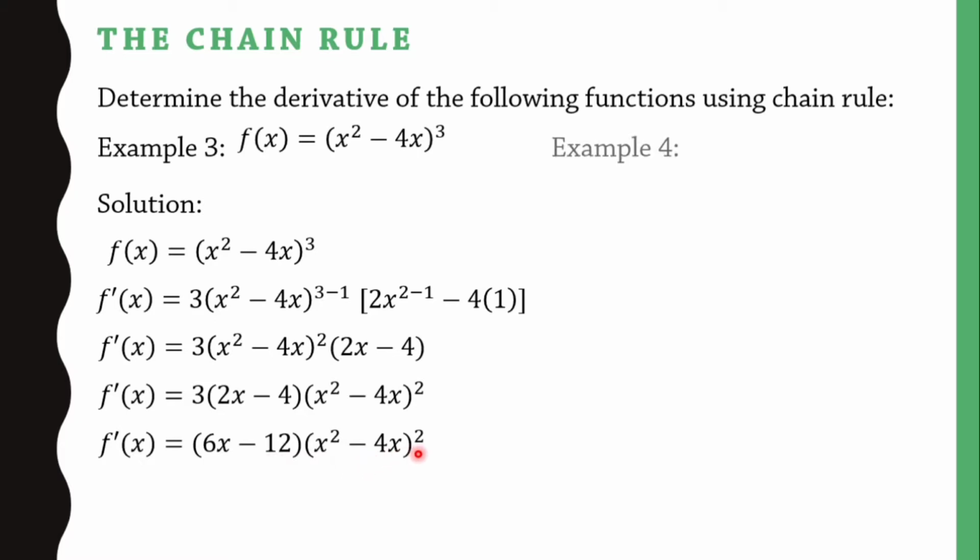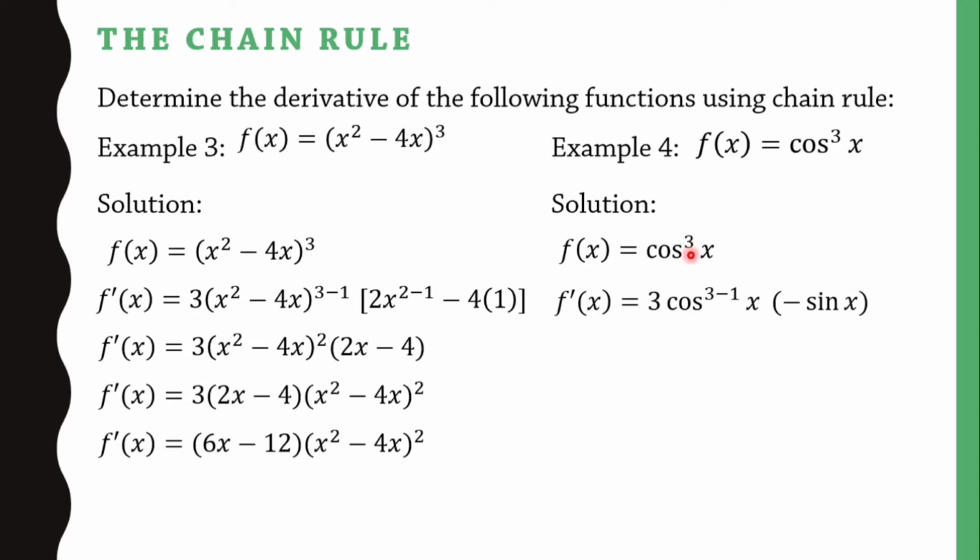And the last example, we have f of x equals cosine cubed x. To get the derivative using the chain rule, again, we apply the same strategy. Get the exponent 3, then that's cosine raised to 3 minus 1 of x.